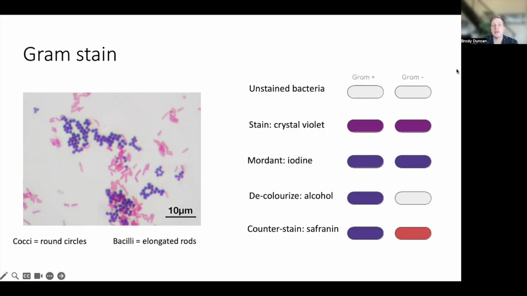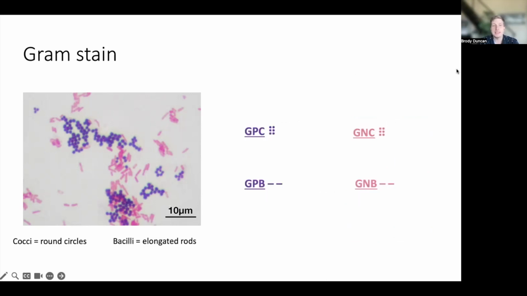So this is an incredibly useful tool. And one thing that's nice for us is that if we look at all the different medically important bacteria that we can grow in the laboratory and then put under a microscope, the gram stain is actually quite good at putting them into these different groups.